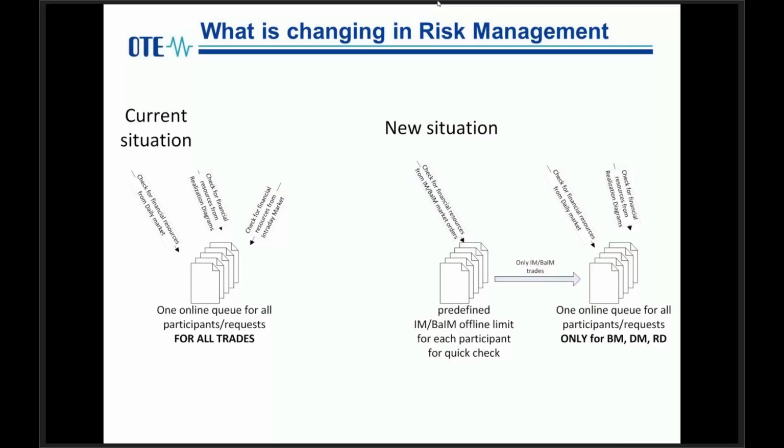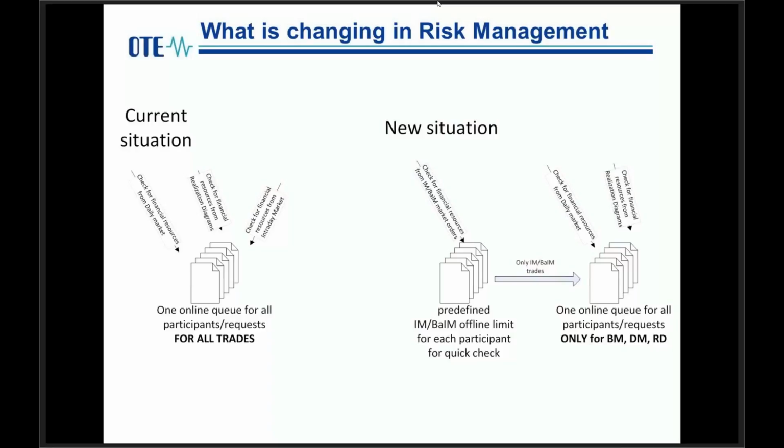Another way of management of security comes with the VDT limit. This new type of limit is somehow taken over from the overall limit, the current limit. And I'm not talking about the intraday and balancing market trades. And individual instructions will be calculated for individual participants.